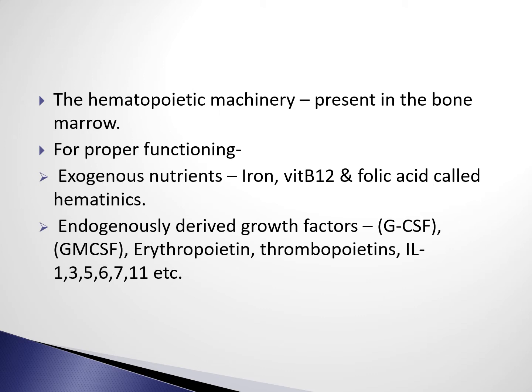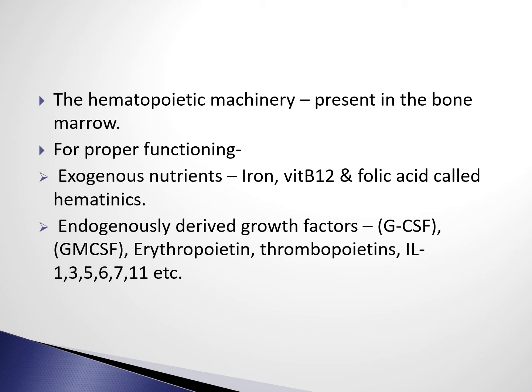Now the hematopoietic machinery, which is responsible for the synthesis of all these blood cells, is present in bone marrow. For the synthesis of all these cells and proper functioning of this hematopoietic machinery, we have some exogenous nutrients and endogenous factors.